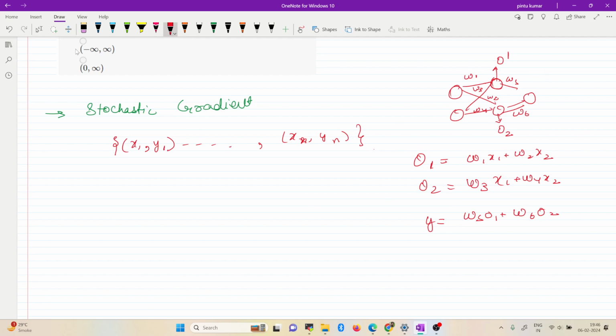Let's not denote it by y, let's denote it by f of x. So for every point we will have this kind of value. What we will do is initialize some W naught initially, and the loss function that we will have is the summation of loss at all the points.